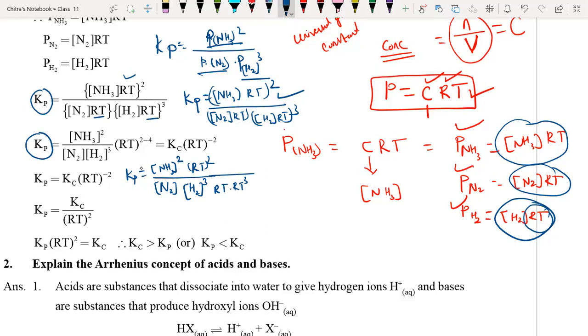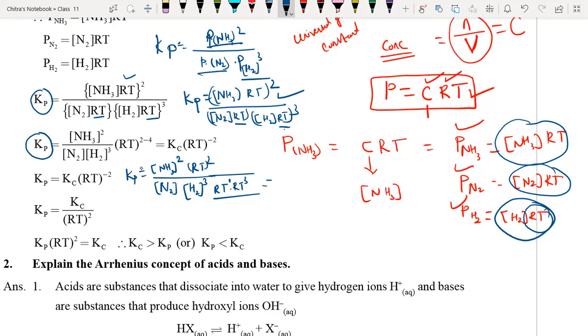Here we have RT and here also RT, but here we have to the power 3. So we have written them separately. RT and RT have the same base, with RT to the power 1 and RT to the power 3, so their powers will add.